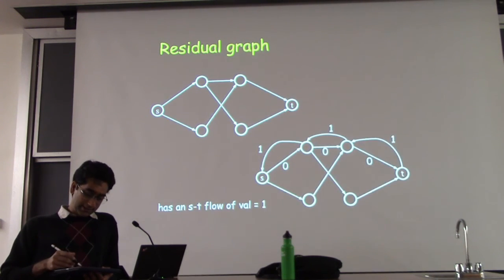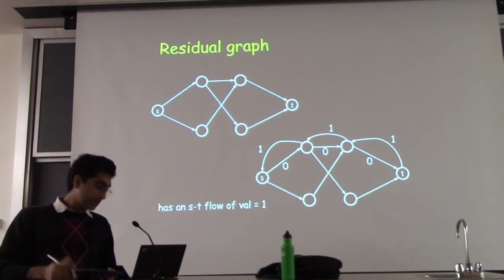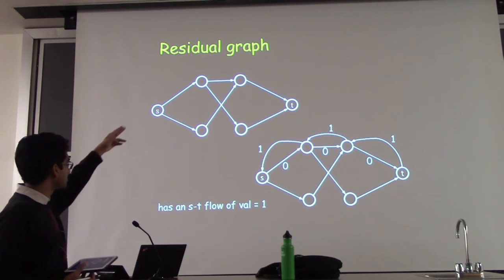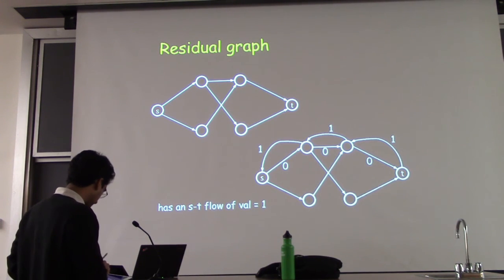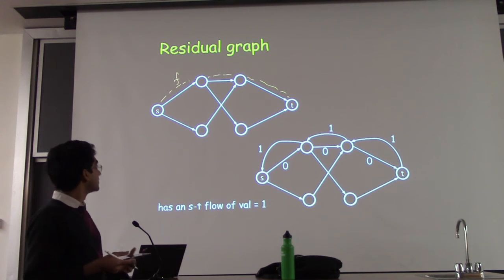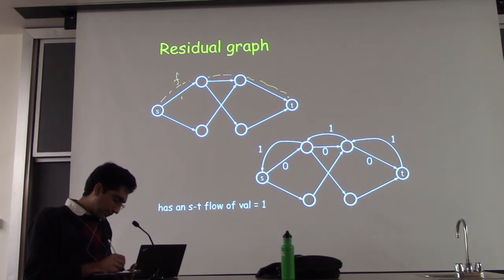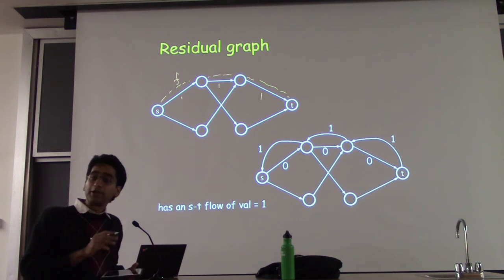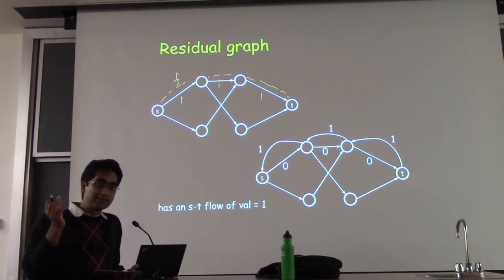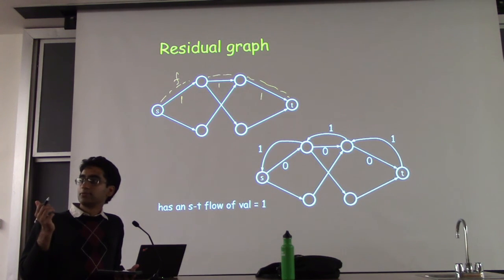Let's see an example. In the example we saw before, where the greedy algorithm fails, suppose you did the greedy thing. Suppose f sent 1 unit of flow along these edges. The capacity of these edges was 1, and you sent 1 unit of flow. So the remaining capacity along these forward edges is now 0.